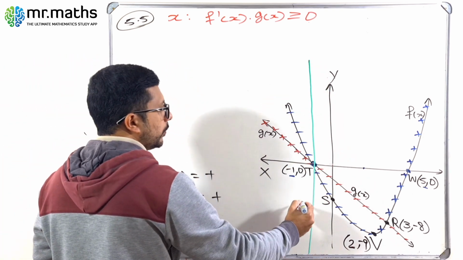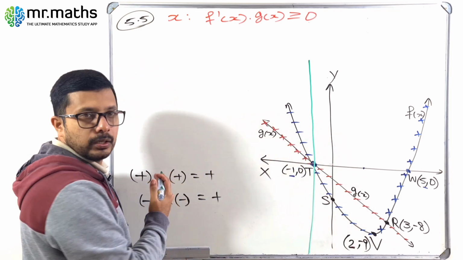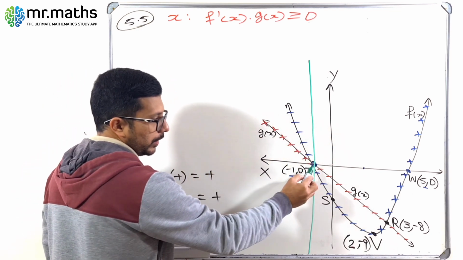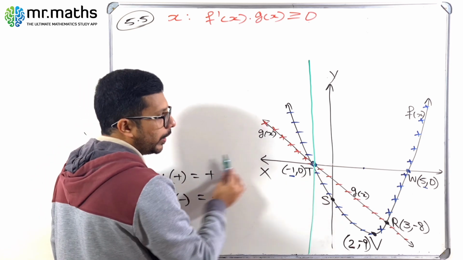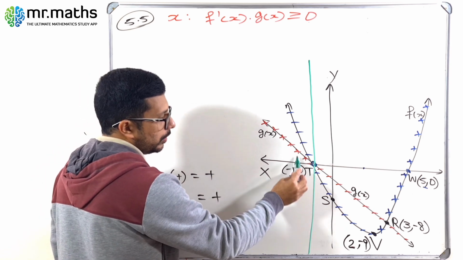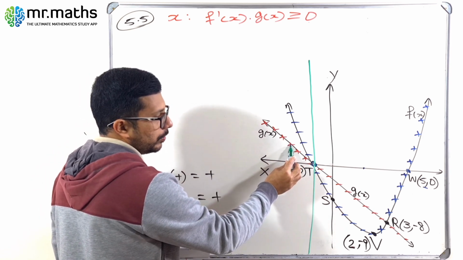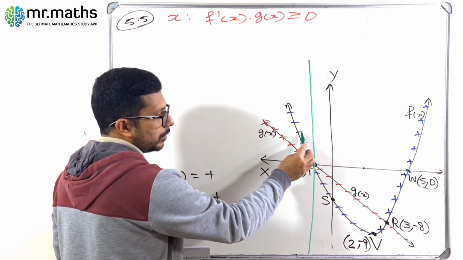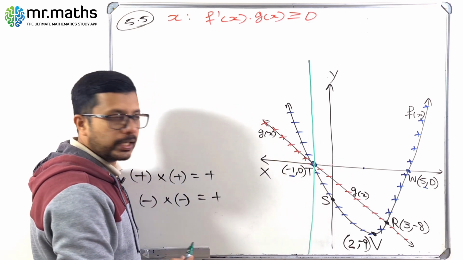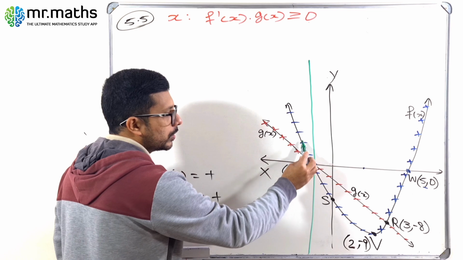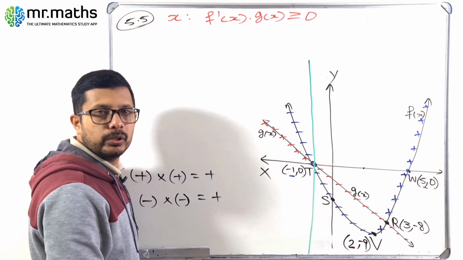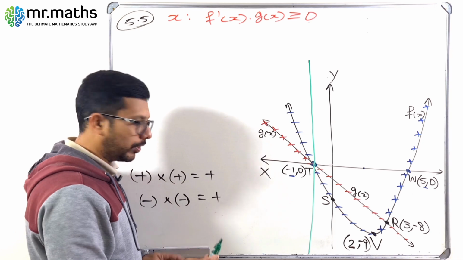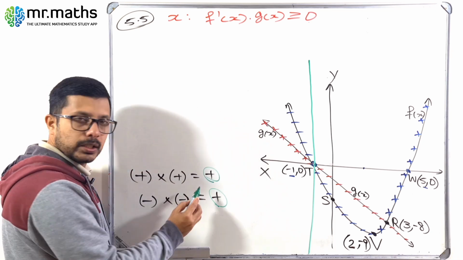Before this point, what is the x value? -1. Before -1, what about this g of x graph? Positive. What about the f of x graph? Negative. So if you multiply these two, positive and negative, it is going to be negative. We don't want that one, we want the positive answers, am I right?